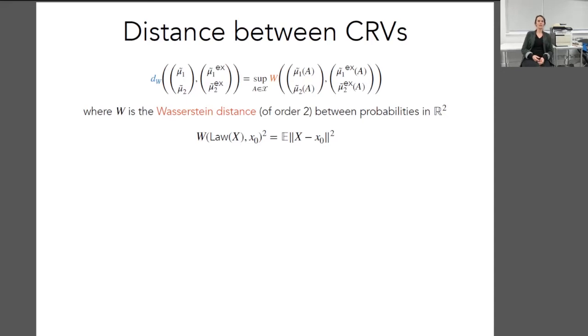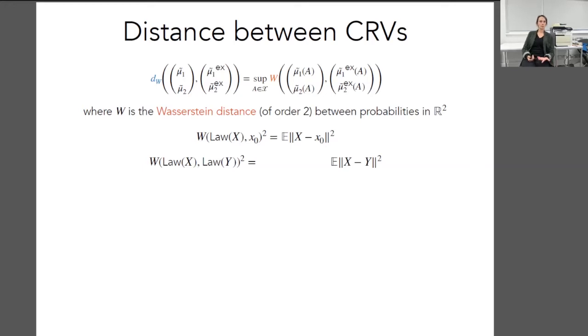For those of you who are not familiar with the Wasserstein distance, I think it's a very intuitive distance in a way. If you have to compare the law of a random variable with respect to a fixed point, then probably one of the most intuitive things to do is to just take the expected value of the difference between the random variable and the fixed point. But now, if you want to compare the laws of two random objects, you would probably think of taking the expected value of the difference between the two random variables.